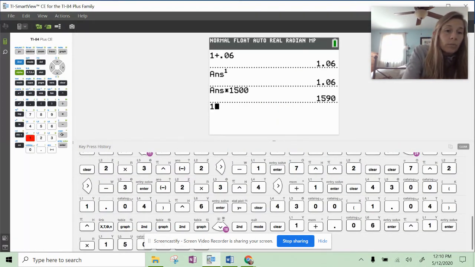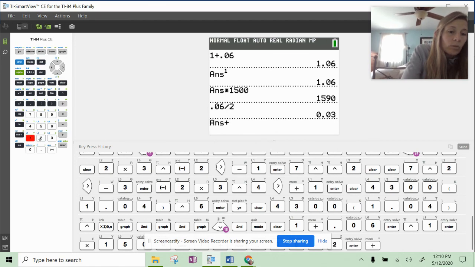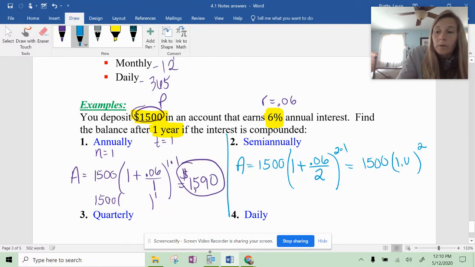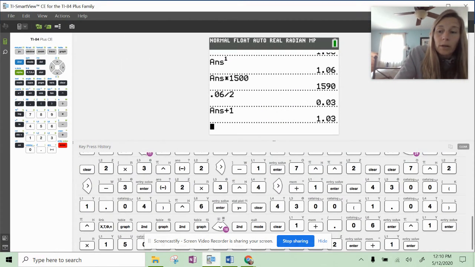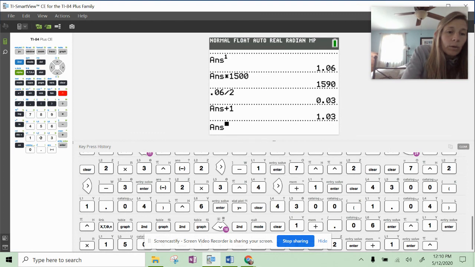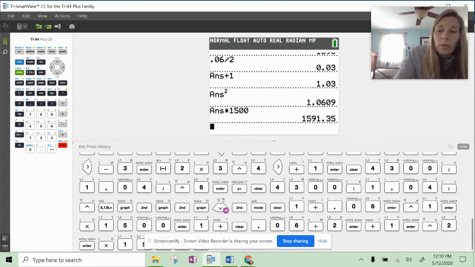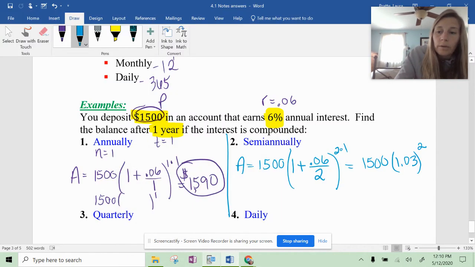Actually, I always start with the other part first. So I go 0.06 divided by 2 plus 1 and have 1.03, right? So now you can just keep that on your screen, raise it to the second power, and then multiply that by the 1,500. And we have 1,591.35.